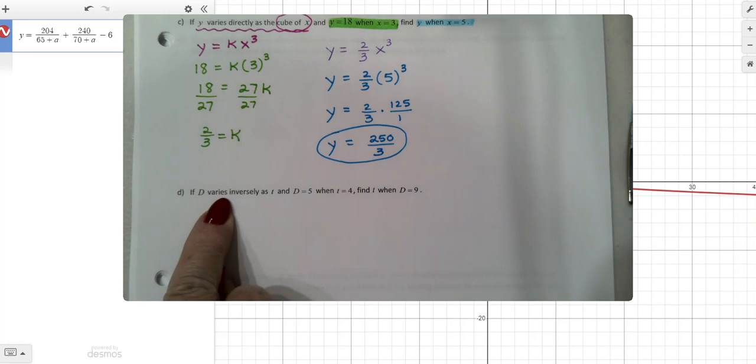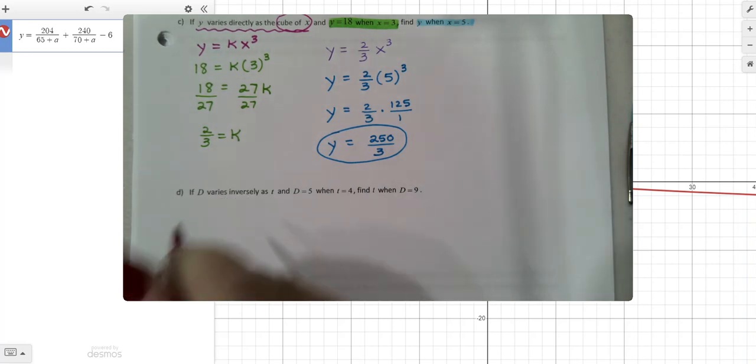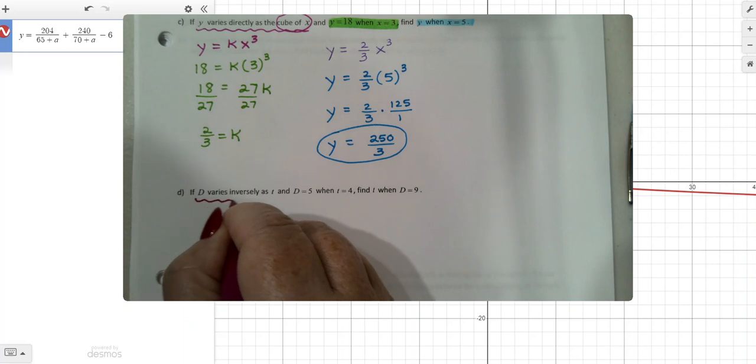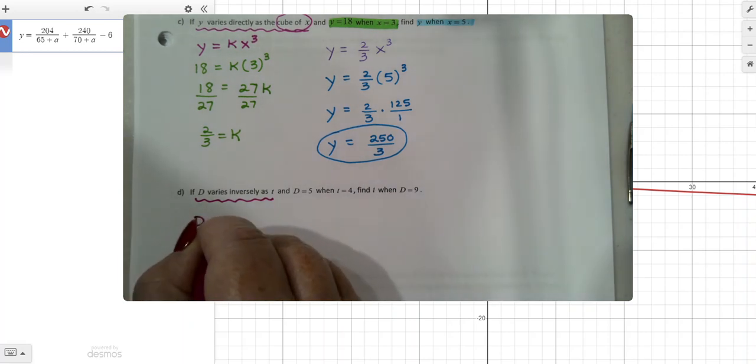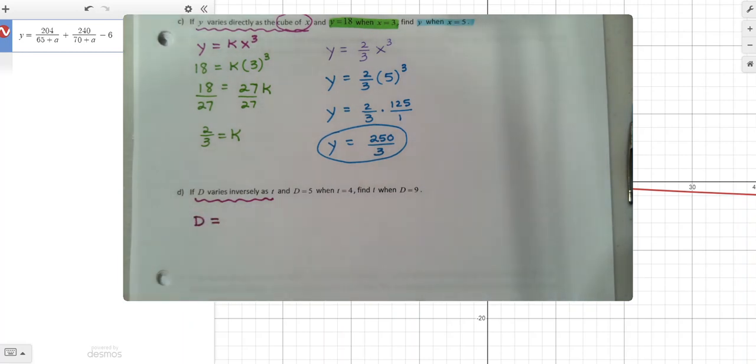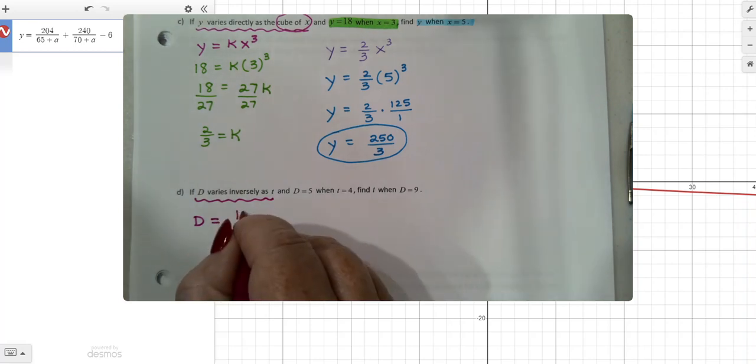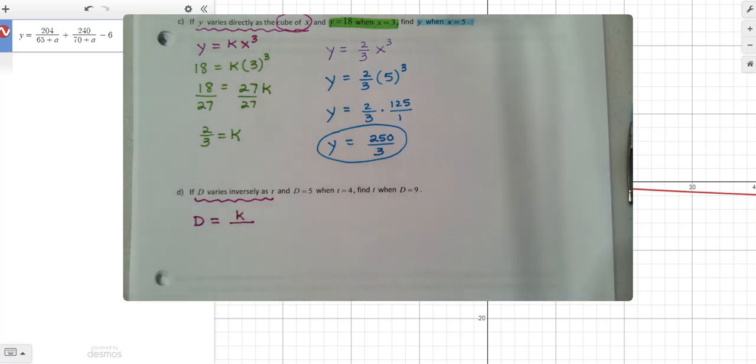In D, now notice that we're going to inverse variation. Here it says D varies inversely as T. So I'm going to start with D equals, and because it's inverse variation, instead of k multiplied by, I have to do k divided by.